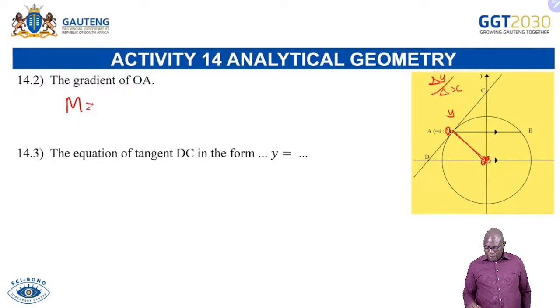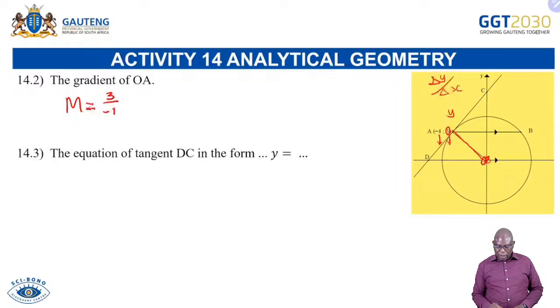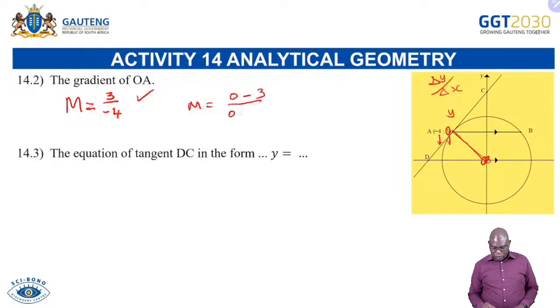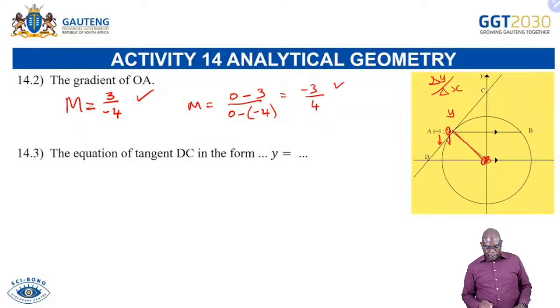If it's from the center, you just take the y value and the x value, put them together, start with the y on top, and the other one is a negative. That's the gradient. Or you can go the long route of saying 0 minus 3 over 0 minus negative 4, and from there it still gives you negative 3 over 4, which is the same thing.